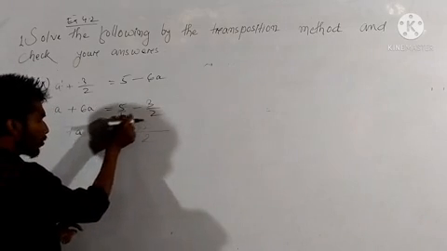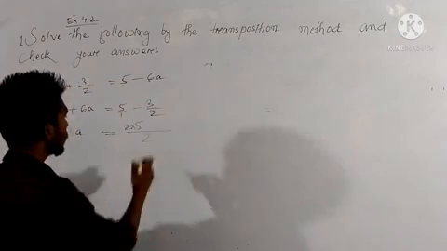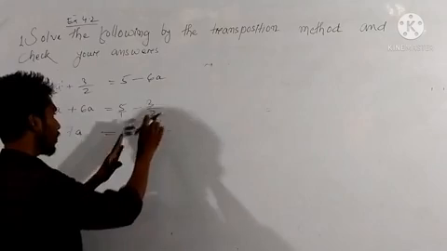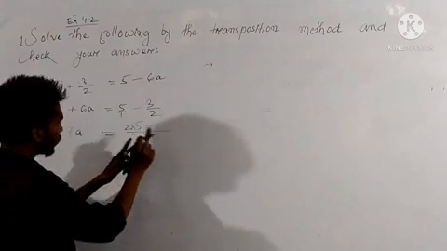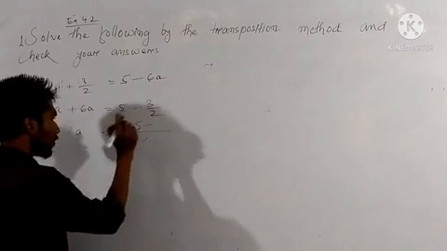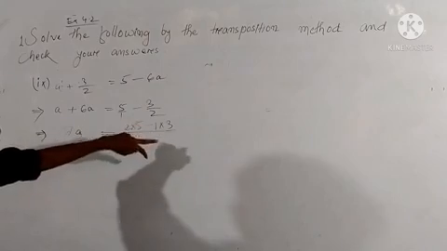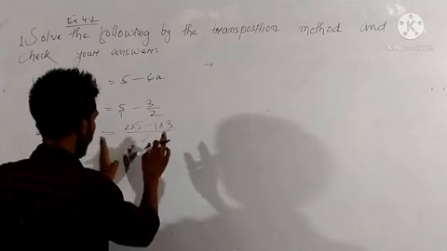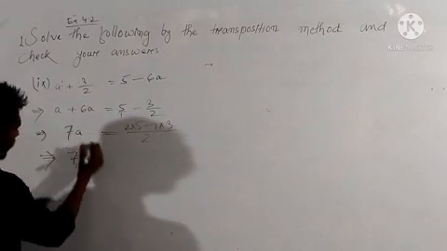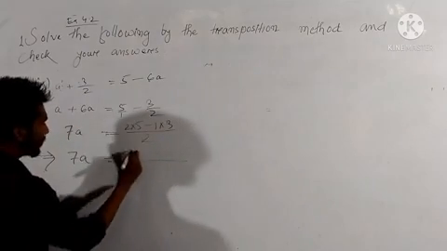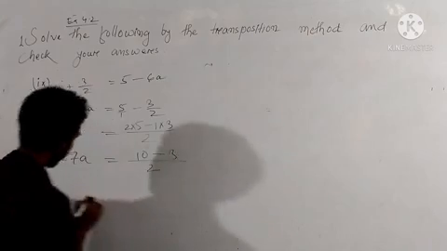So now the 7a becomes 7a, and after calculating: 2 5s are 10, minus 1 3 is 3, and the 2 remains 2.